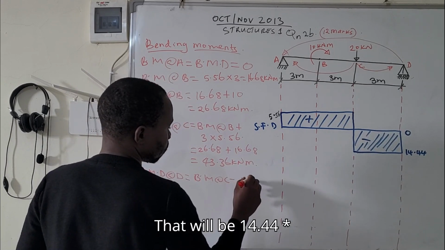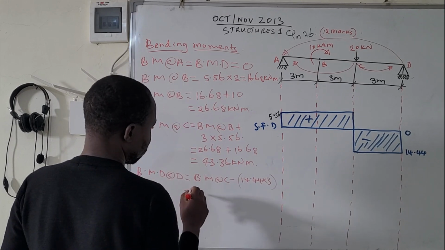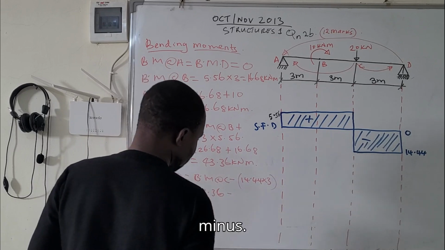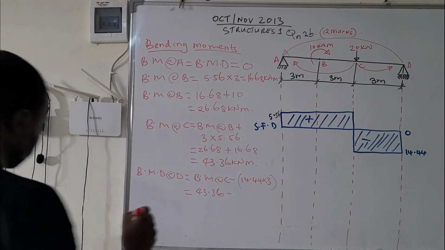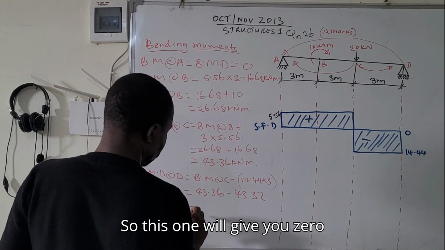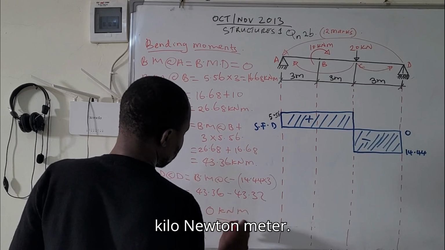That will be 14.44 times 3, which is 43.32. So 43.36 minus 43.32 gives you 0 kilonewton meter.